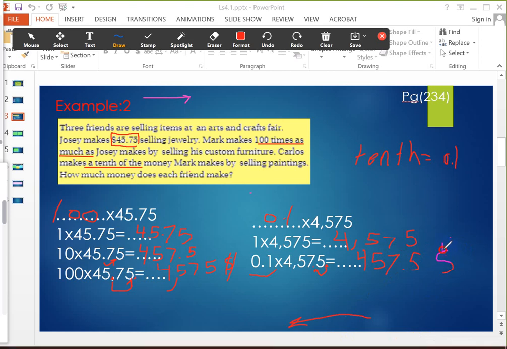This is the money that Carlos makes. Okay? So the idea right here is how to multiply by the powers of 10 with a decimal number, how to move the decimal point. You have to know it.